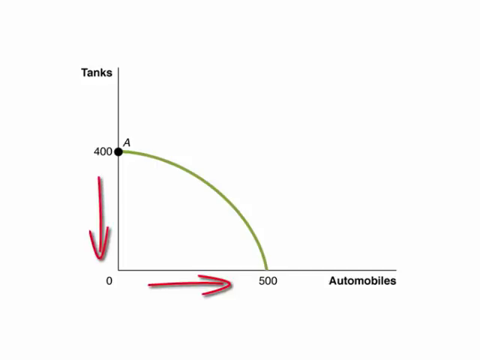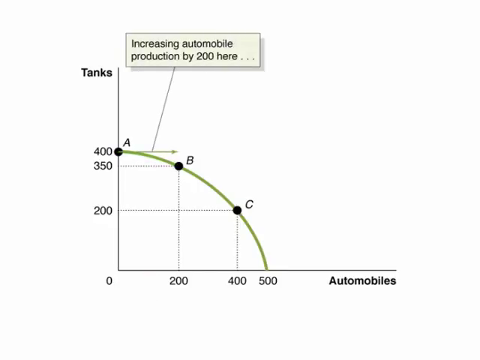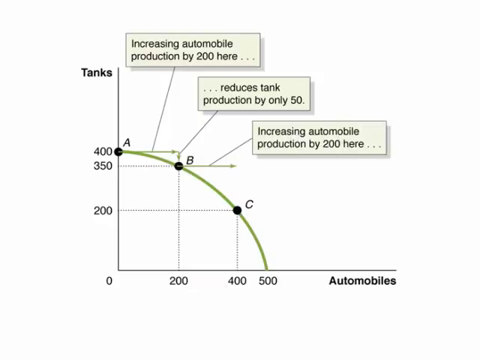For example, let's see what happens if we increase our production from point A, where we have 0 automobiles, to point B of 200 automobiles. Well, the opportunity cost or the trade-off, the number of tanks we must give up, is 50. Now notice what happens when we increase our production from point B to point C. Again, we increase our automobile production by the same 200 as before, but now look at the trade-off in terms of the amount of tanks we have to give up.